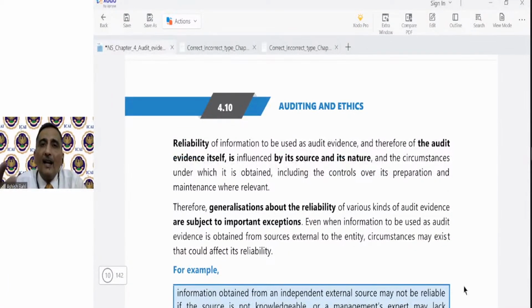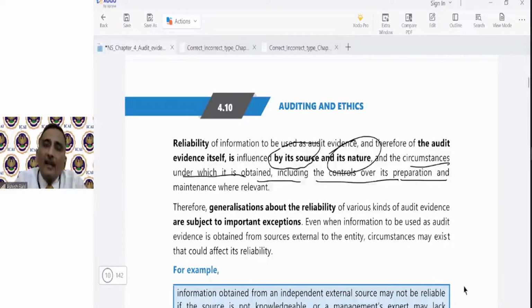So how is reliability affected? Reliability is influenced by its source and its nature and the circumstances in which it is obtained. From where the information is coming. Like if the information is coming from a third party, it is more reliable.